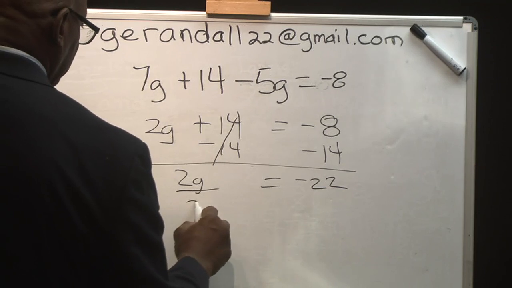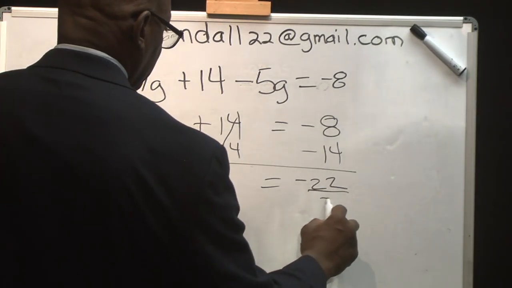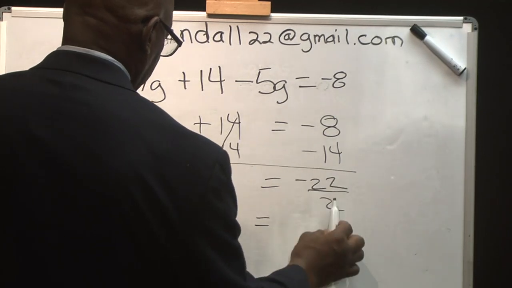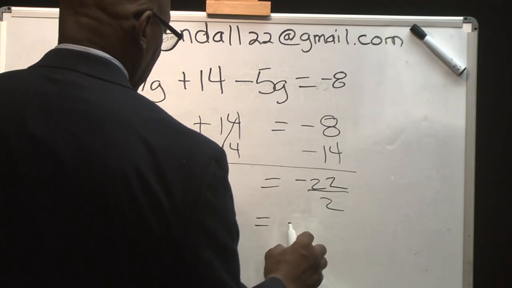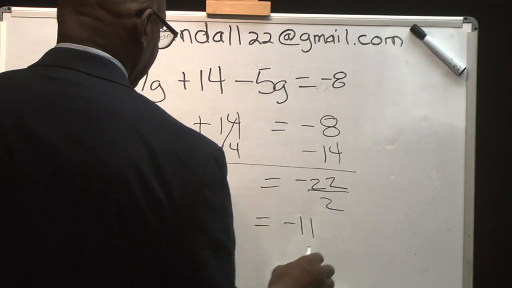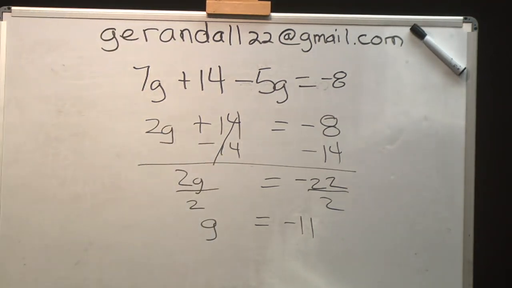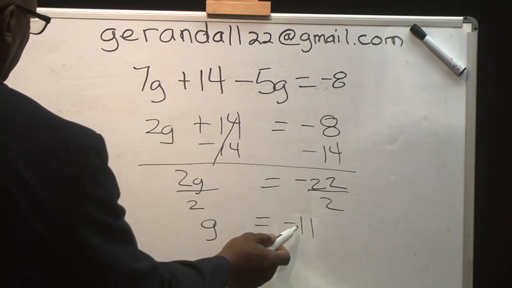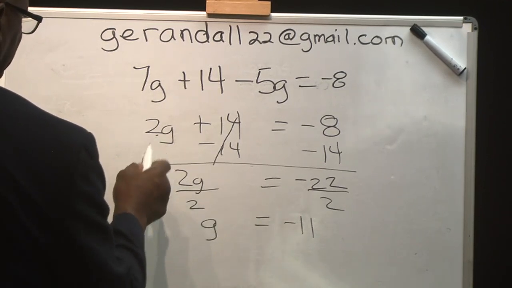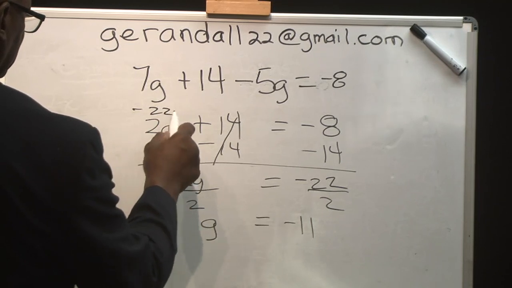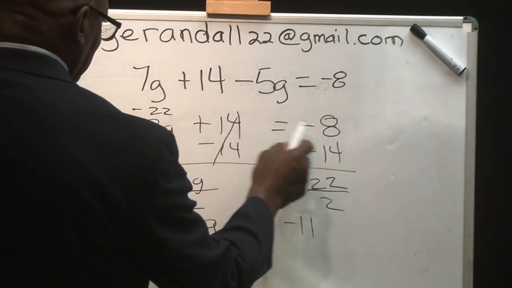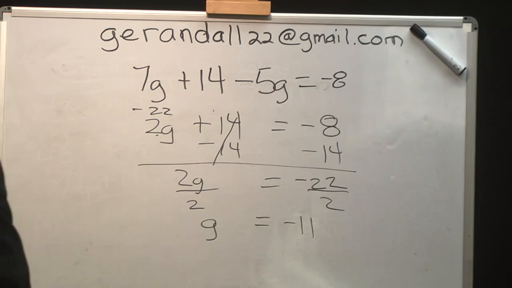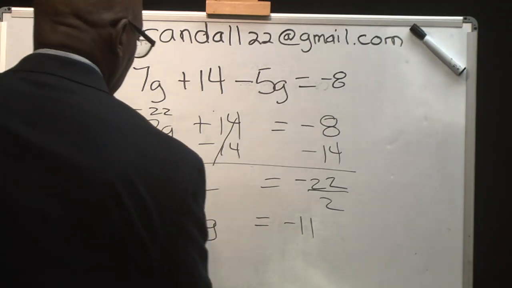We divide by 2. G equals, and again we divide by 2 on this side, a negative 11. And again, negative 11 times 2 is a negative 22, plus 14, that's a negative 8 equals a negative 8. We have true statements.